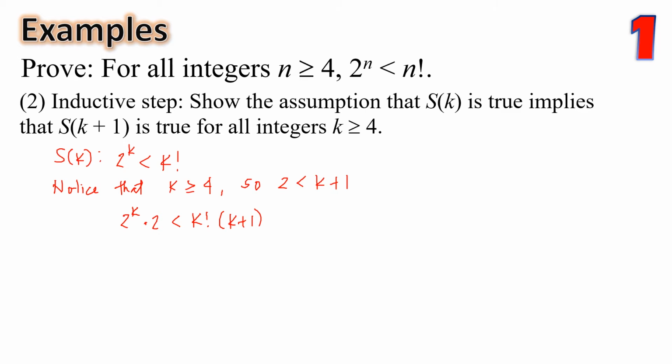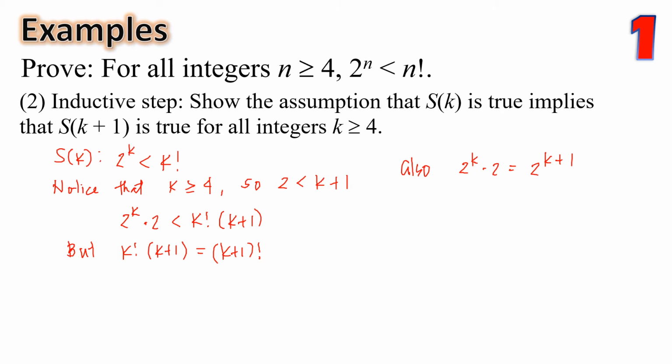On the right hand side, we can say that k factorial times k plus 1 is equal to k plus 1, open and close parentheses, factorial. Also, we have, from the rule of exponent, that is the product of powers, 2 raised to k times 2 is equal to 2 raised to k plus 1.